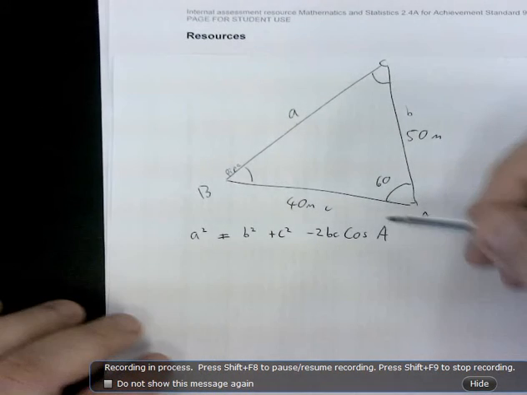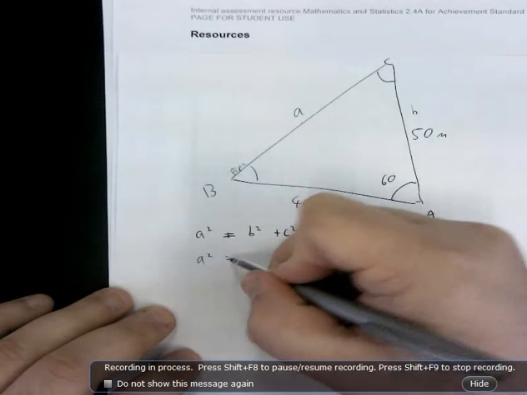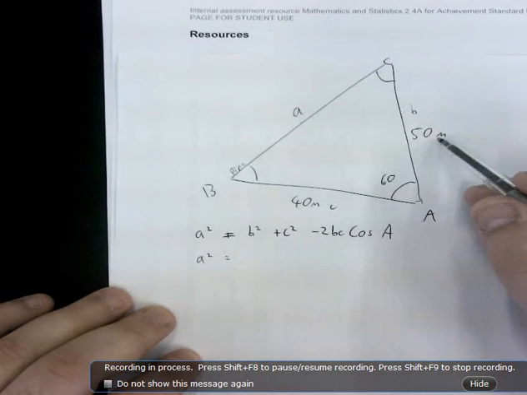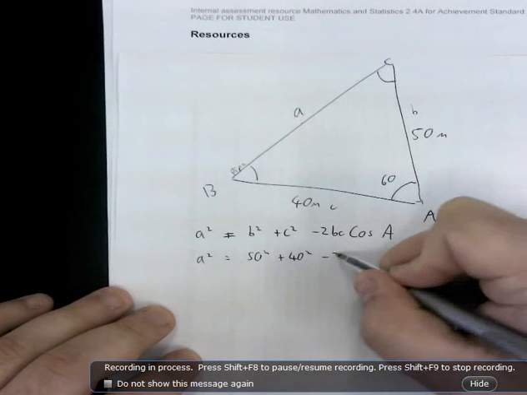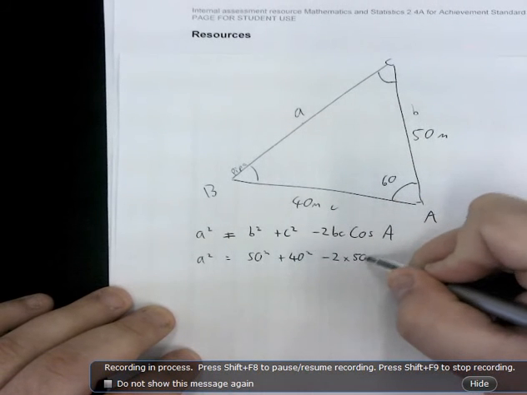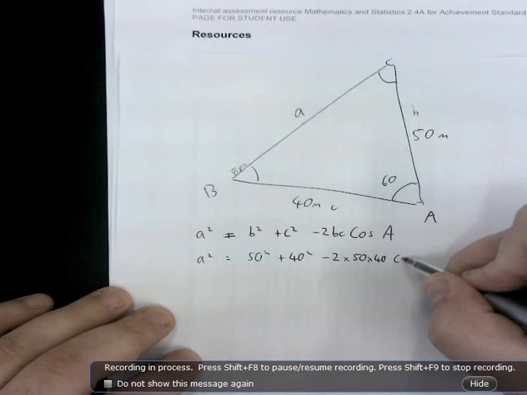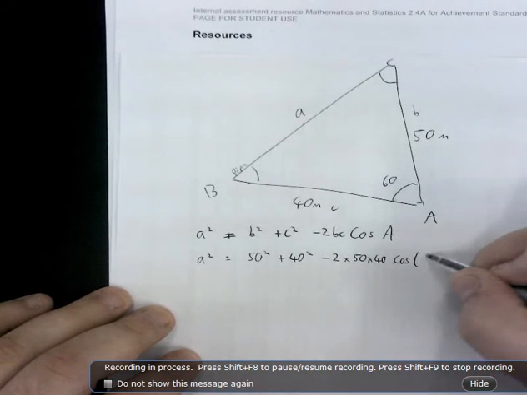So that will be a squared equals 50 squared plus 40 squared minus 2 times 50 times 40 times cosine of angle 60. Make sure it's in degrees.